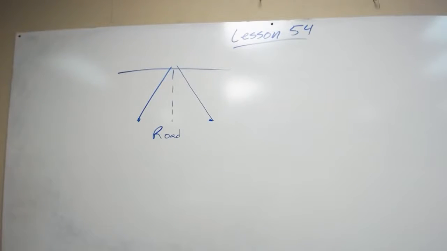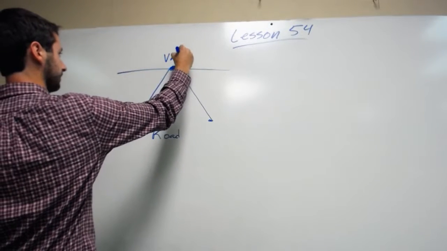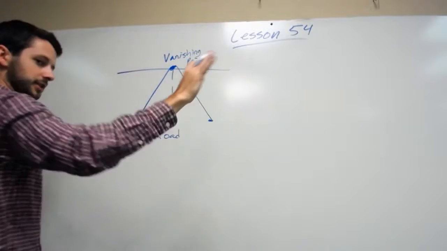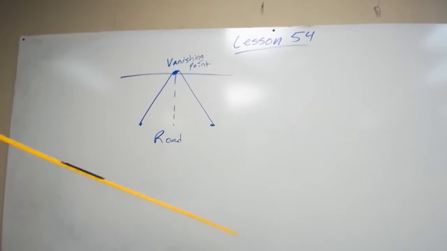And this point right here where it all meets is the vanishing point. Next time you're driving down a road, look off in the distance and notice, since the world is not flat like people say it is or think it is, you are going to see a vanishing point where it kind of looks like the road meets at a point.